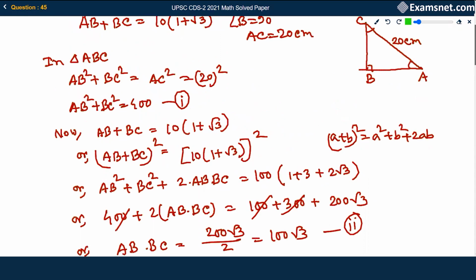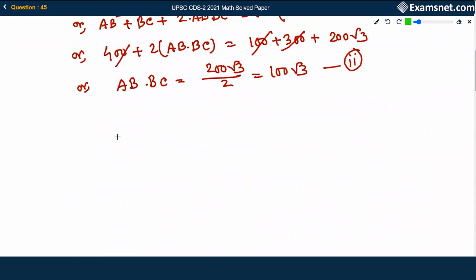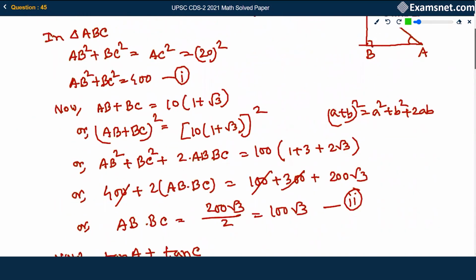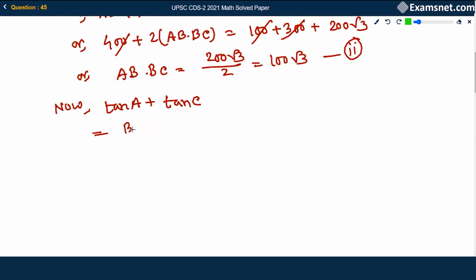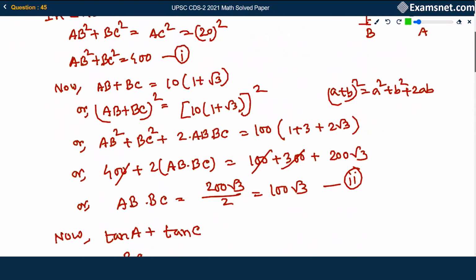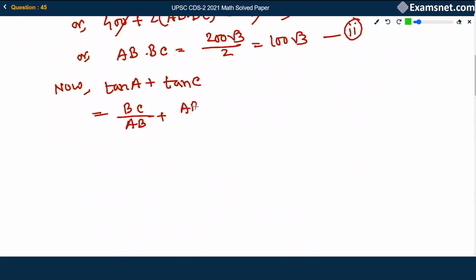Now we are going to write tan A plus tan C. According to the triangle, tan A is BC by AB, and tan C is AB by BC.